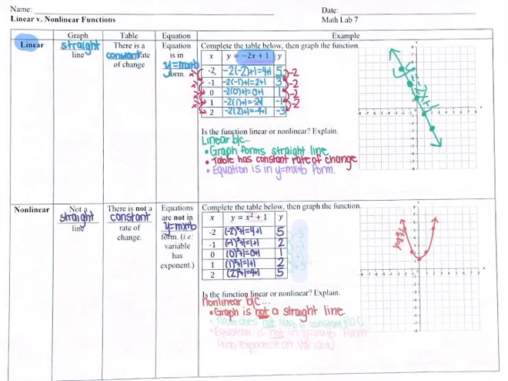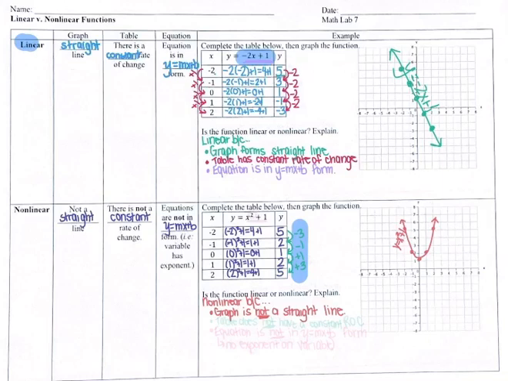If you look at the table, we're going to look for that constant rate of change again. We're going to see if it has one. So if you look at the y's, to go from 5 to 2, we have to subtract 3. To go from 2 to 1, we subtract 1. 1 to 2, now we're going up 1. 2 to 5, we're going up by 3. So we know just by these numbers here that there's no constant rate of change. First we're going down 3, then we're going down by less, then we're going up by 1, then we're going up by 3. We're all over the place here.